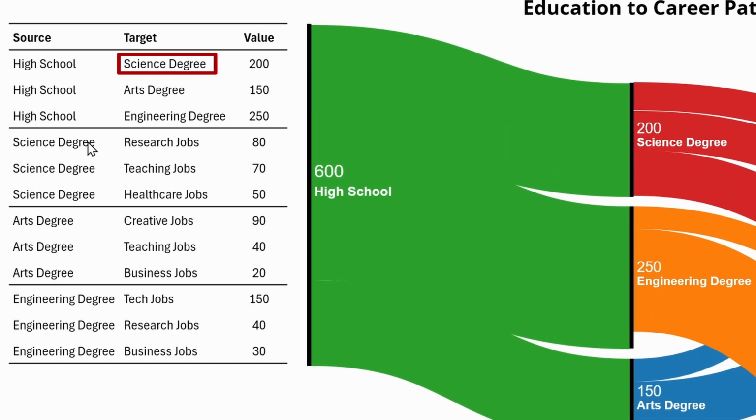In our dataset, science degree appears as a target when coming from high school. Science degree also appears as a source when sending flows to research jobs, teaching jobs, and healthcare jobs. So you don't need to predefine the hierarchy. The relationship in the table will emerge automatically. This is by far the best feature of RAWGraphs.